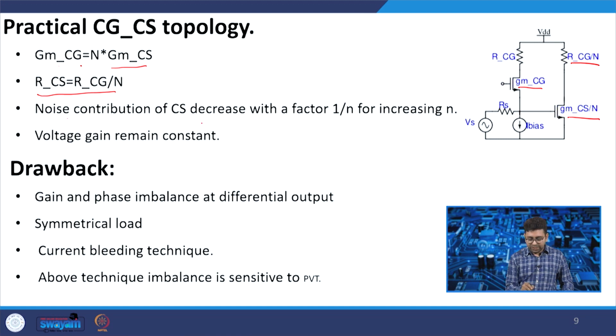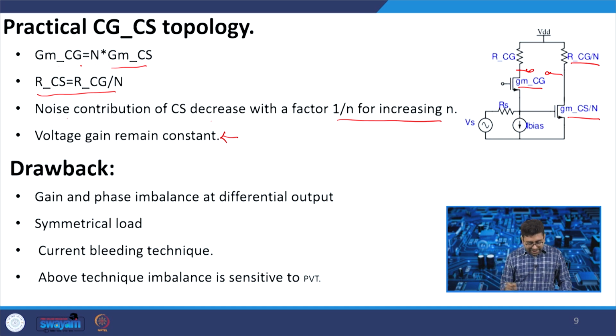So noise contribution of the common source decreases by a factor of 1/n for increasing n, and voltage gain remains constant. This topology is very widely used to convert a single ended to a differential signal.